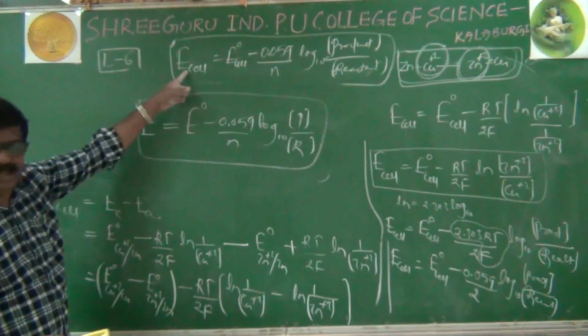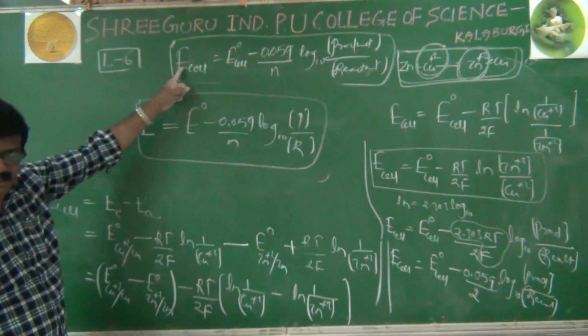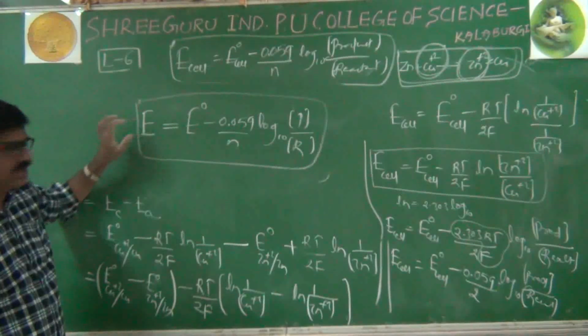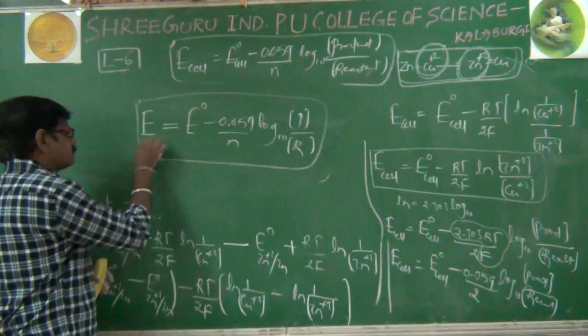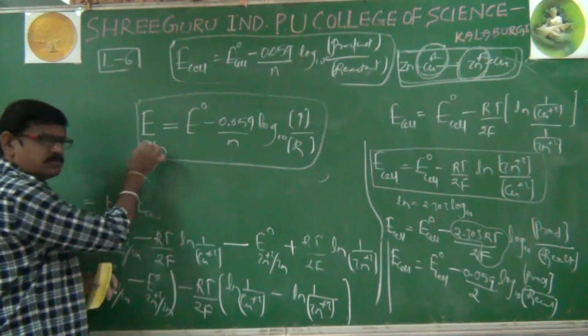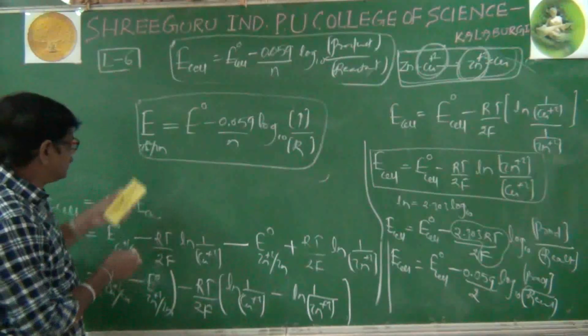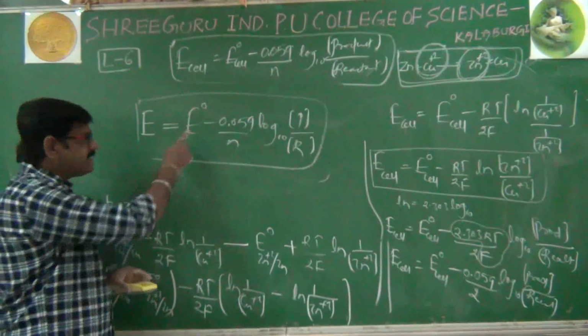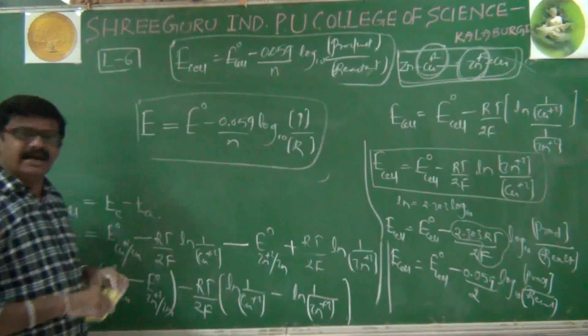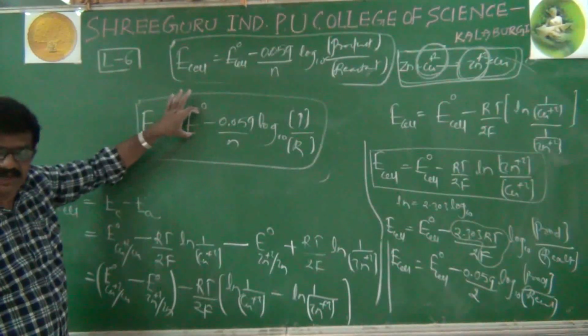Here we are using E cell, but here it is not a cell, it is just a single electrode only. We have used, like, Zn plus 2 oblique Zn, Cu plus 2 oblique Cu, like that. It is a single potential only. Here E naught values are standard fixed values you have taken.